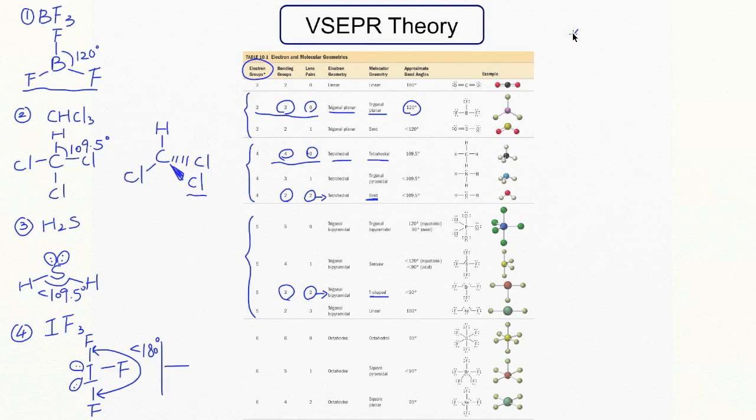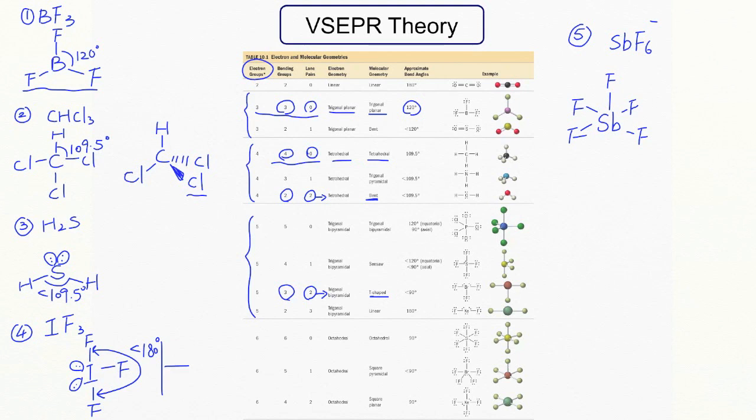Now let's see the next one, SbF6 minus. Okay. Now draw the Lewis structure. Okay. This is the Lewis structure of SbF6 minus.